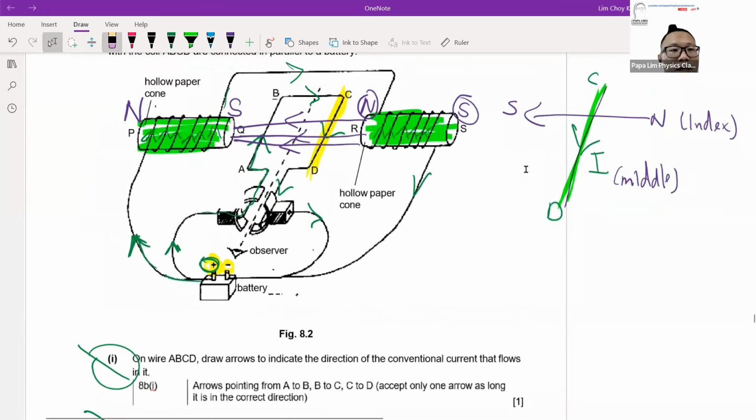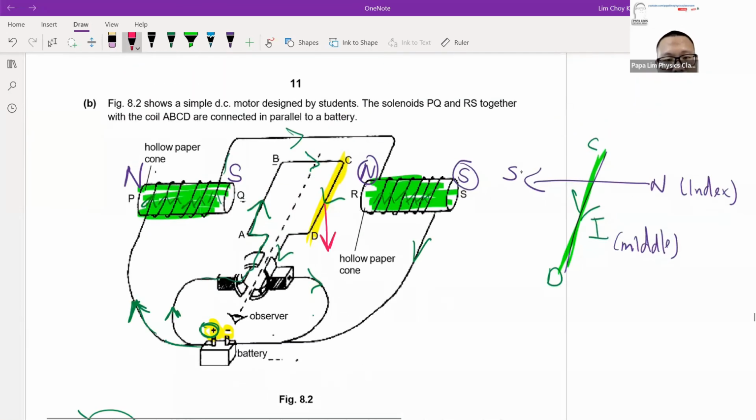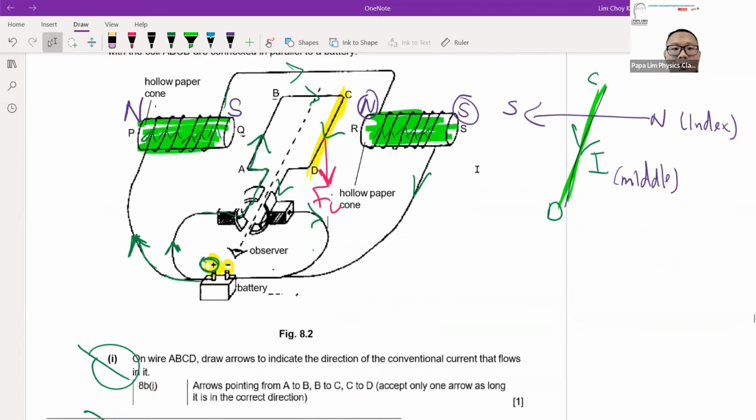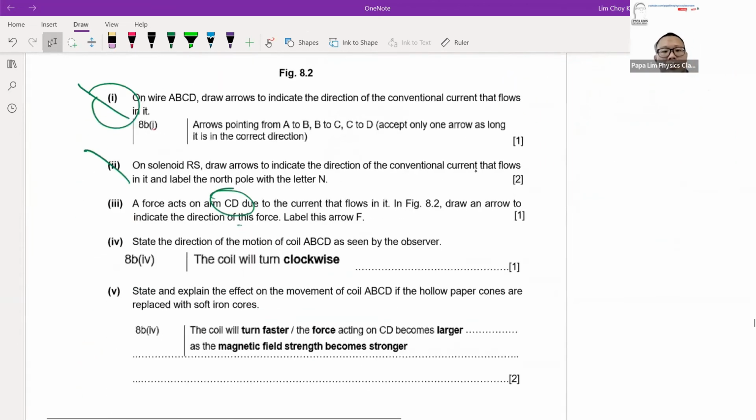So let me erase a bit so it's not so confusing. The force acting on CD will be downwards, and it will rotate the coil clockwise. So that's how I get the coil to be in the clockwise direction.